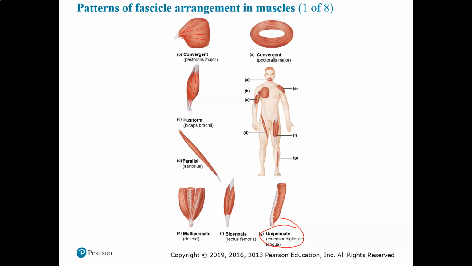So if you look at the chart over on the right, you can see a convergent muscle would be like a circular. That's wrong. They have got a mistake on here. So A is a circular muscle, and it is the orbicularis oris.